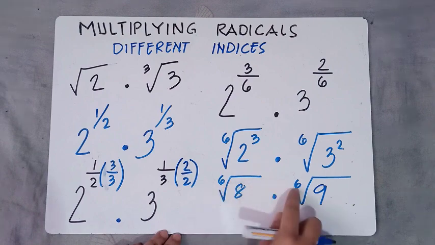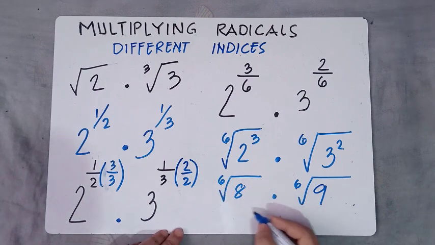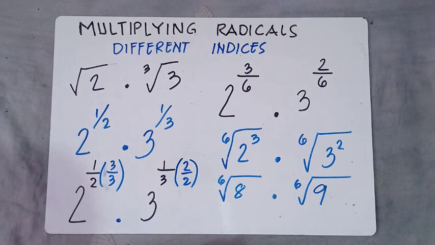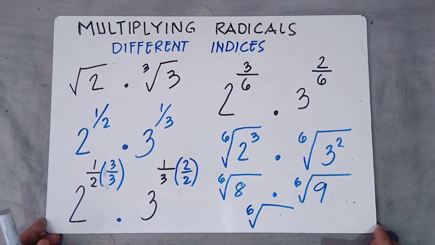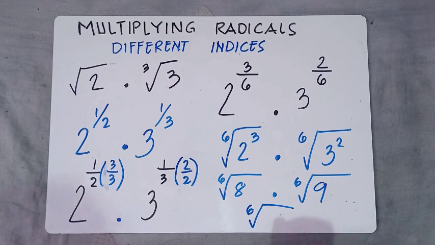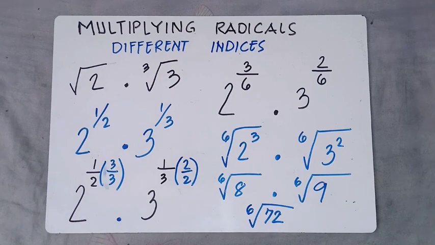So, multiply. Once again, if the indices are the same, copy. So, the answer is the 6th root of 8 times 9. 8 times 9 would be 72. So, sir, can we simplify this one? Okay, we can, but you think of a number that when we multiply it by itself, you will get 72.